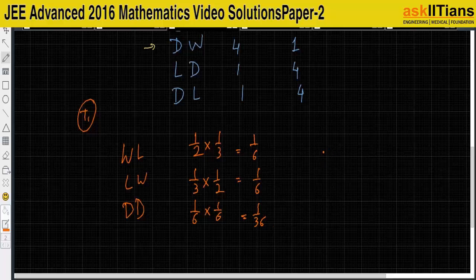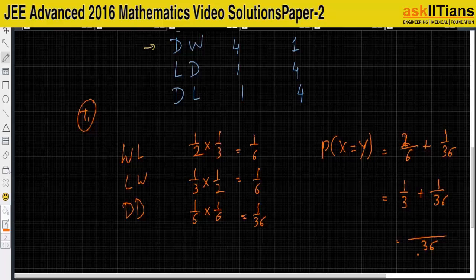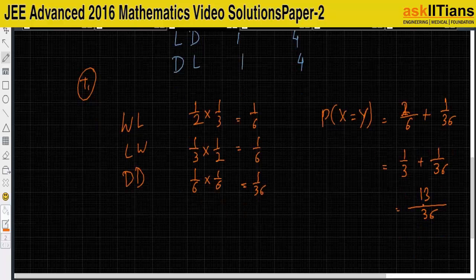So total, if I find the probability of x equal to y in these three cases, the scores will be equal. So 1 by 6, 1 by 6, that is 2 by 6 plus 1 by 36. So this will be 1 by 3 plus 1 by 36. If I take the LCM, I'll get 13 by 36, right? So the correct answer for this question will be 13 by 36.